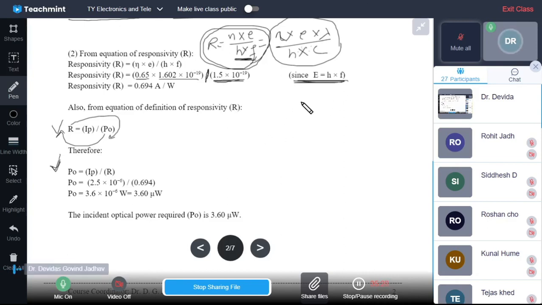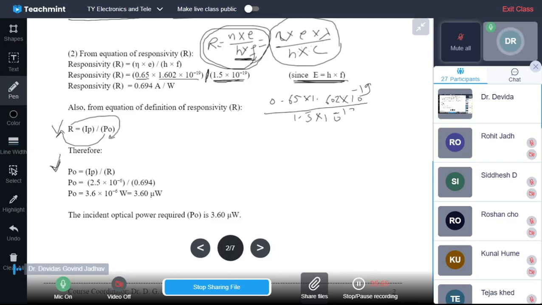So again solving this: 0.65 multiplied by 1.602 into 10 raised to minus 19, divided by 1.5 into 10 raised to minus 19.